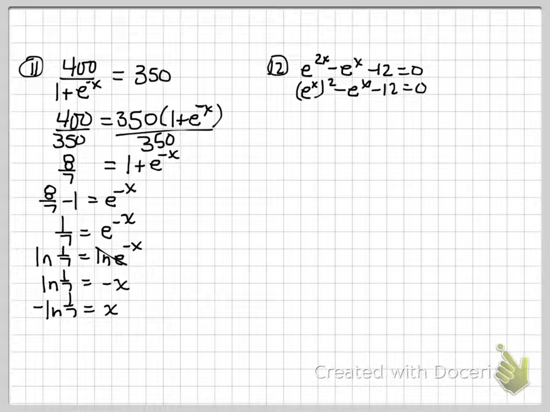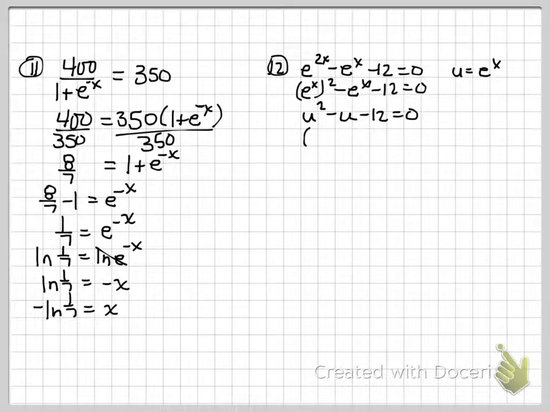or we can use something called a u sub. All a u sub means is we're going to substitute u for something. In this case, it's going to be that e to the x. And all the u sub allows us to do is make our problem look more familiar to what we're used to. And so that e to the x changes to u squared minus u minus 12 equals 0.